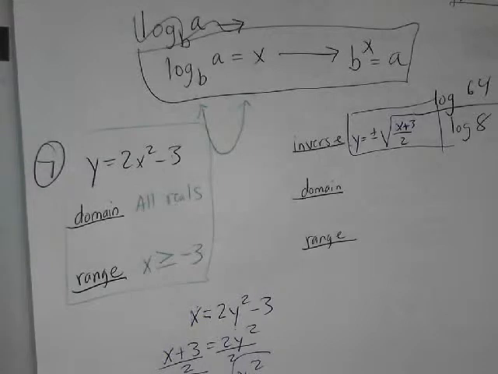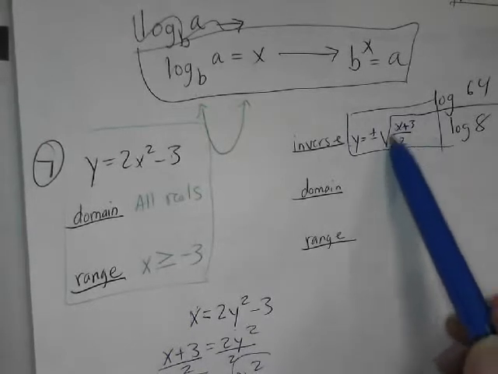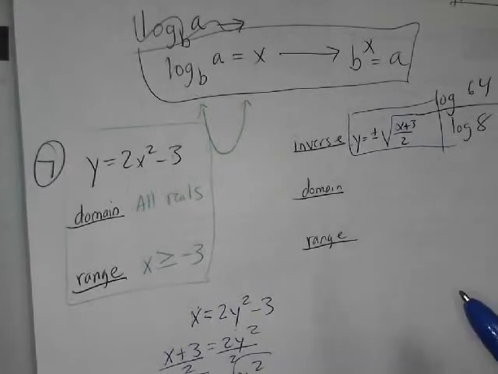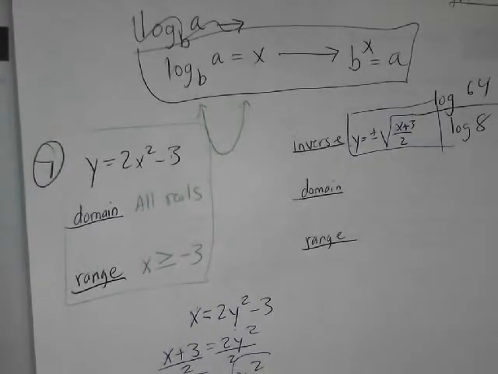Remember, domain is the x values that you're allowed to plug in there. You can't have negatives under the square root without having a complex number. So what does x have to be? What's the restriction? Positives. It's certainly going to include all the positives.